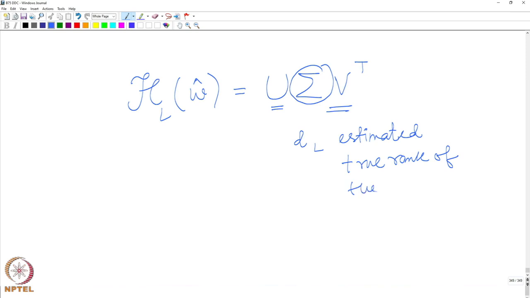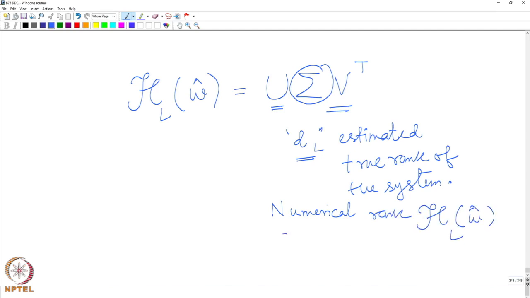So we look at this number DL, which is the estimated true rank of the system. We may have to have physical knowledge about the system to know what this DL is. It might not be easy to find out DL. There are other ways of finding out DL, which I will tell you in short. Namely, this is the so-called numerical rank of this Hankel matrix.